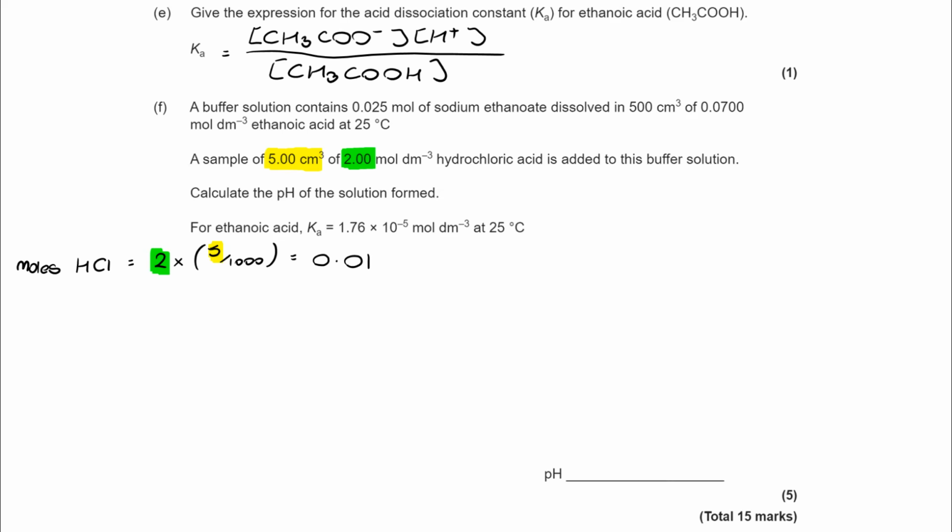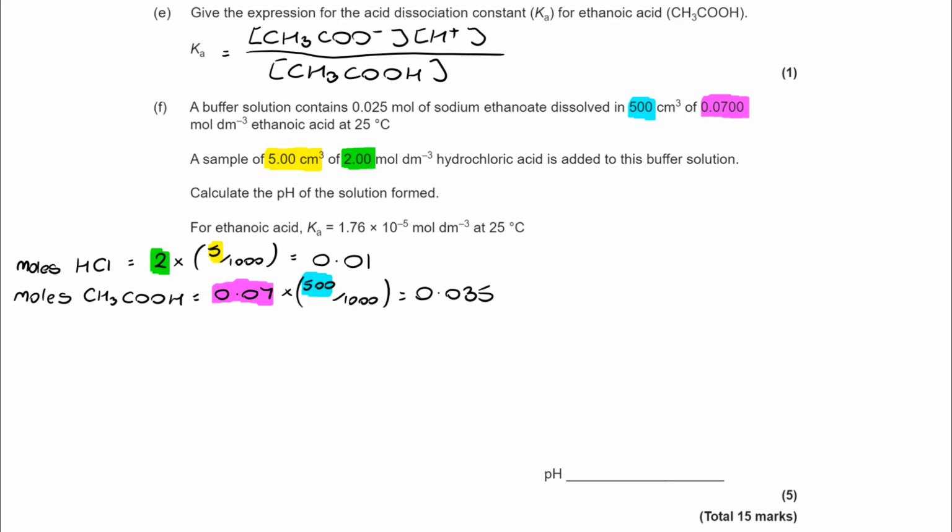Now within my buffer, I've also got a reservoir of ethanoate ions and ethanoic acid. I can calculate how many moles of ethanoic acid I started with because I've got a concentration and a volume. I've also been told that I've got 0.025 moles of sodium ethanoate. Now that means, because we know the salt fully dissociates, I've got 0.025 moles of ethanoate ions.